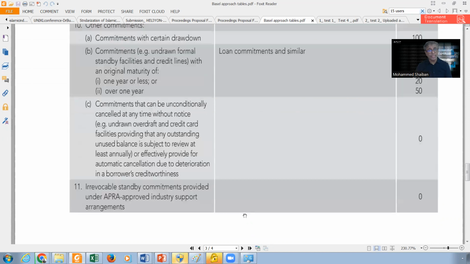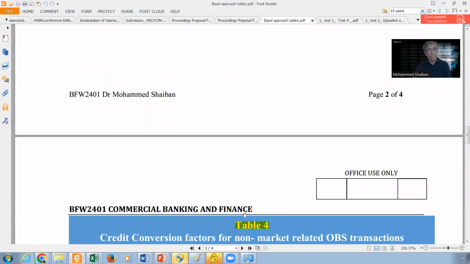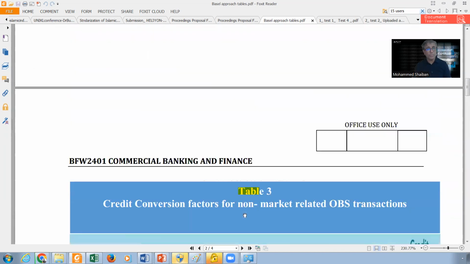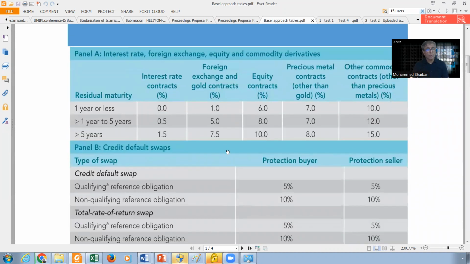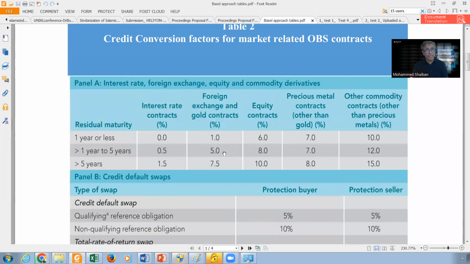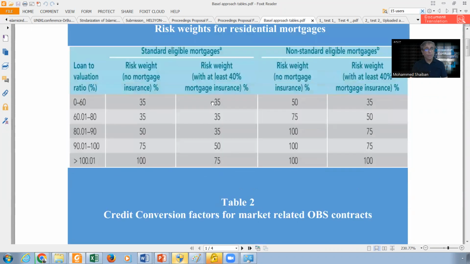For the on balance sheet, I think we have explained this before, and you can look at it again, but table 2 and 3 actually are used for the credit risk on balance sheet. And table 1 and table 5 are used for credit risk on balance sheet.